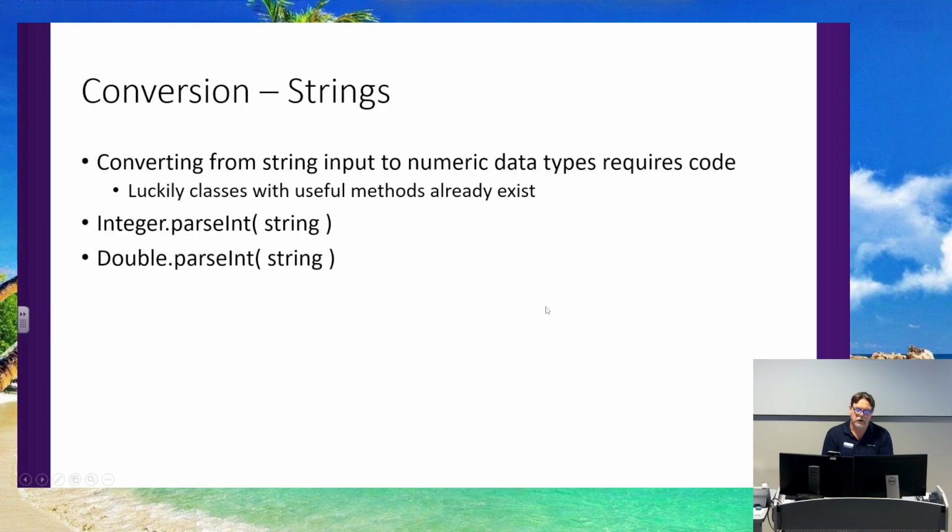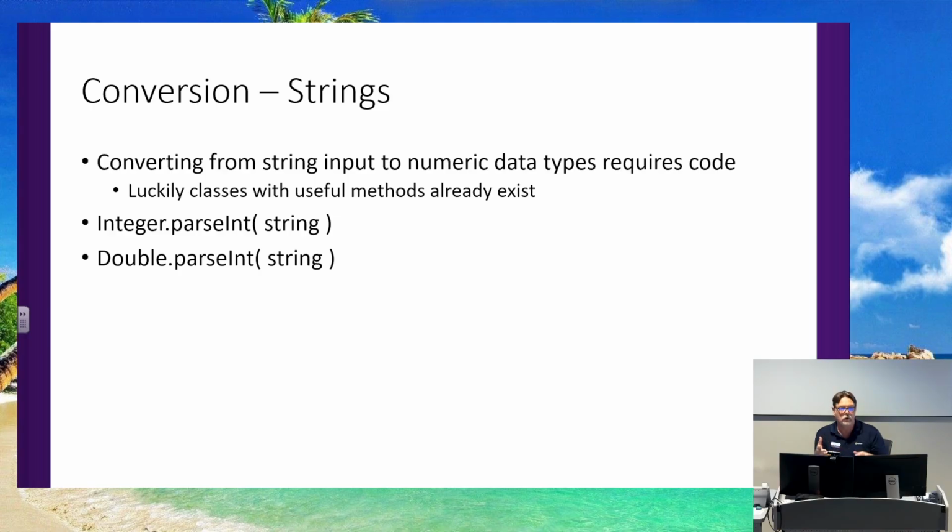So when we talk about conversion with character data, similar to the way we talked about conversion with number data, it's a lot simpler. Usually what we're wanting to do is that the user entered a string on the console that we want to convert from character data to a number.